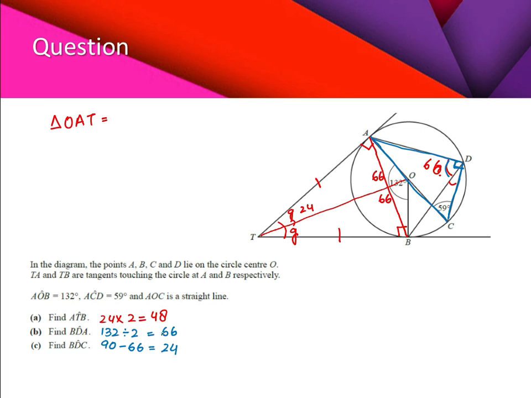Then we discussed cyclic quadrilaterals. If we have a quadrilateral inside the circle and all four vertices are on the circumference, then we call it a cyclic quadrilateral. The property is that the sum of the opposite angles is equal to 180 degrees. Then we came to tangents. If we draw a tangent on the circle, it will always make 90 degrees with the radius.